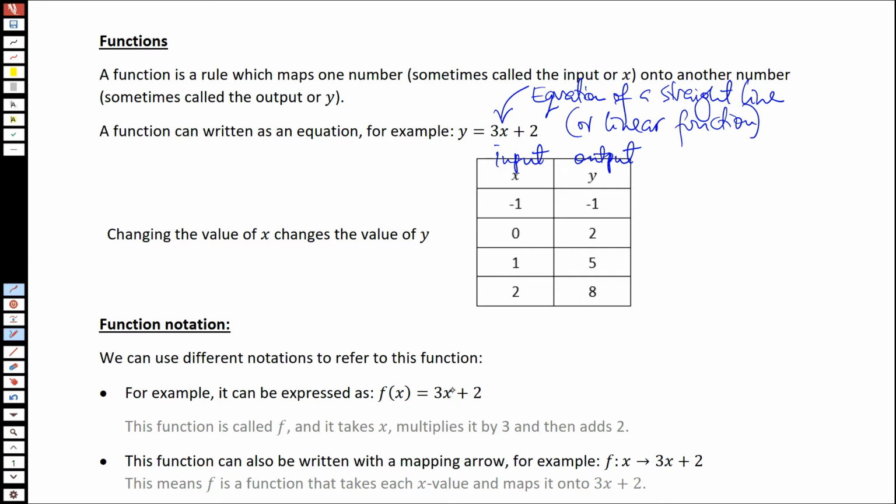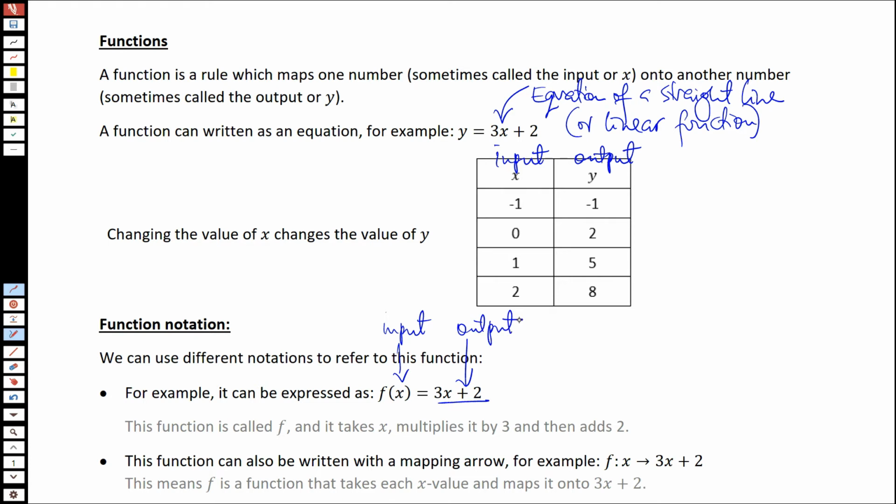What this means is f here is the function, and it takes x, multiplies by 3, and adds 2 to get to the output. So basically this here is the input, and this here is the output.